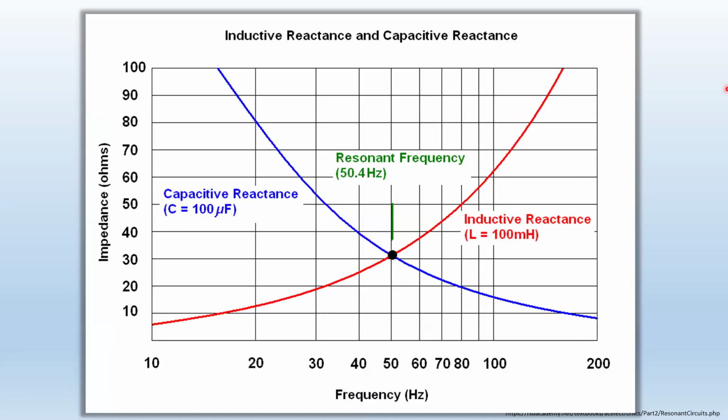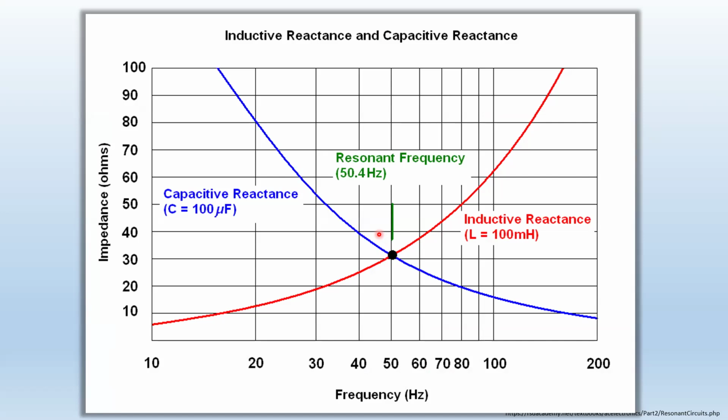You can kind of stare at this thing for a little bit until things start emerging. There's another thing that I want to talk to you about. It's inductive reactance and capacitive reactance. When you put them together, at some point, you get two components, one capacitor, one inductor, and they will have certain values.